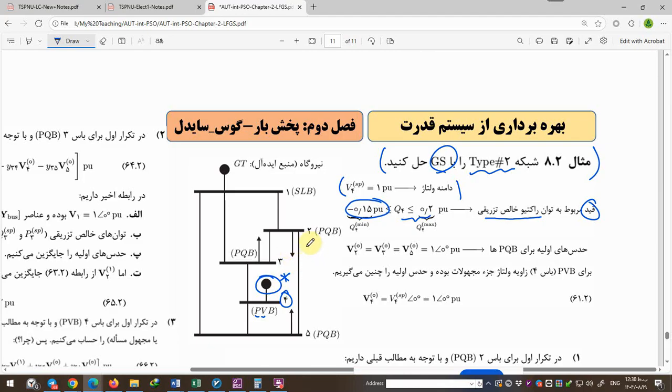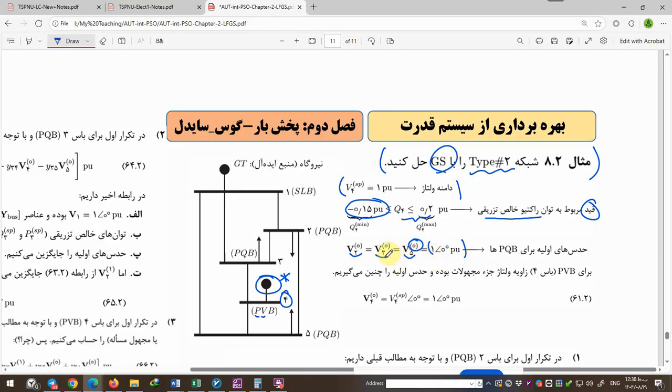and the generator in this case can inject reactive power. Other initial values for PQ buses are V2, V3 and V5. V4 is cancelled because V4 is a PV bus, and V2, V3 and V5 in initial value form are 1 with 0 angle.